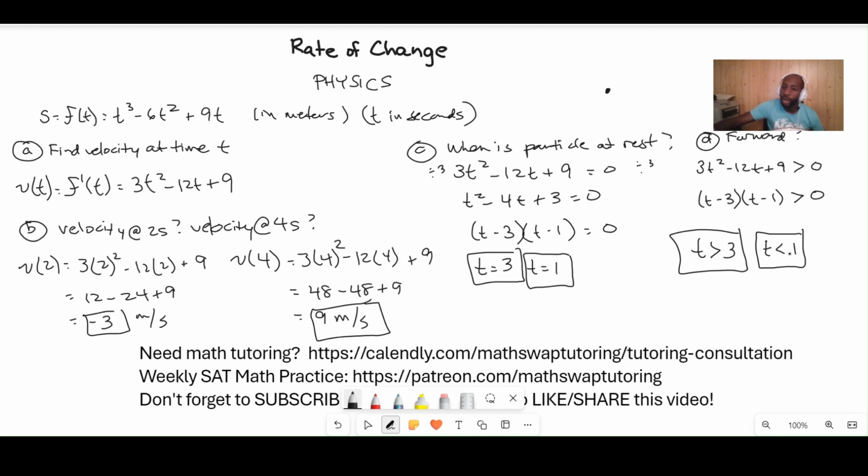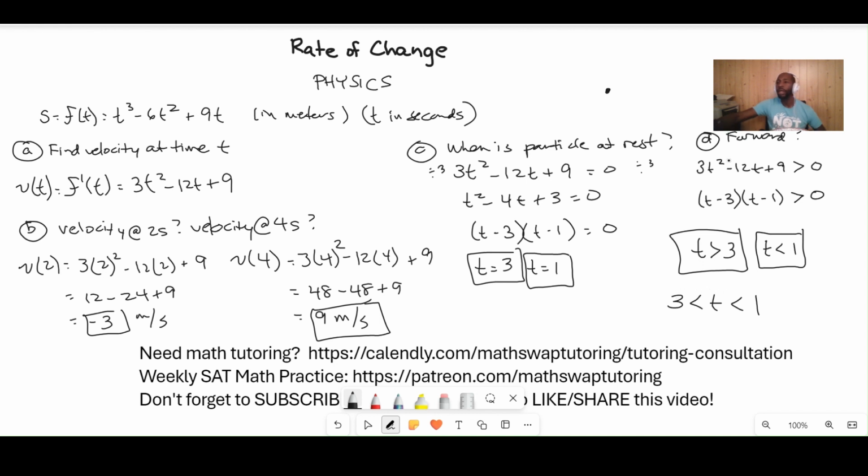So t has to be greater than 3, but then less than 1. That's a weird way to write this, though. Technically, that's a way to write it, but it's weird when you write it in descending order with the numbers like that.